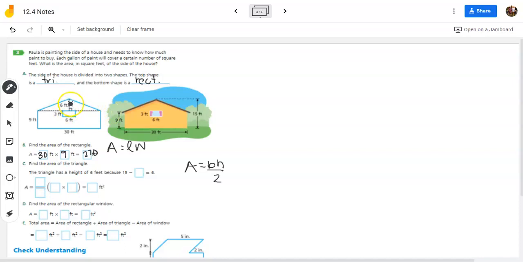Now, I know the triangle has a height of 6 right here. They told us that. They already did this. We're going to take 15 minus 9, and that gets us 6. So we have a base of 30 times 6 divided by 2. If I plug that into my calculator, I get 90 feet squared.